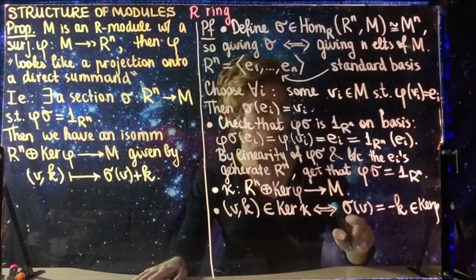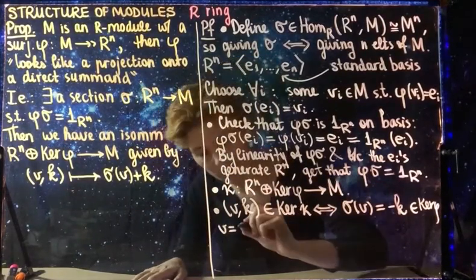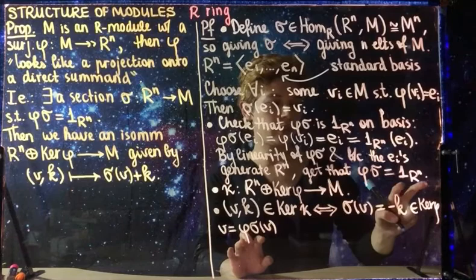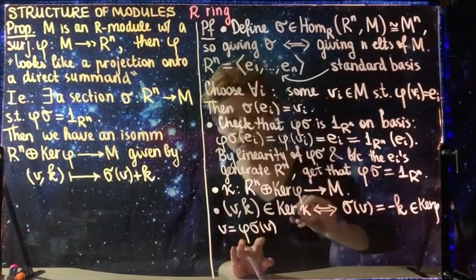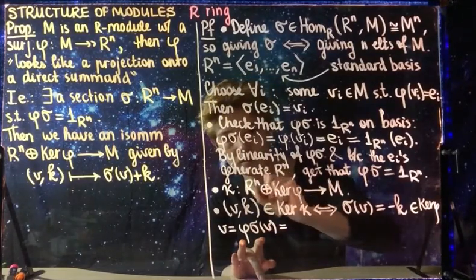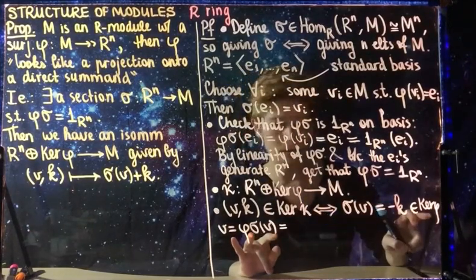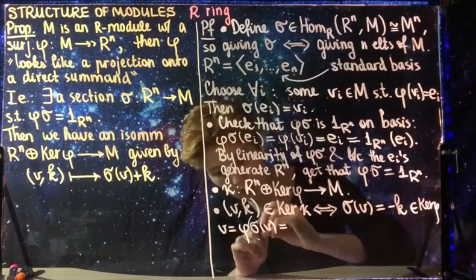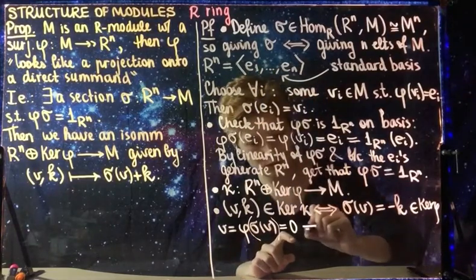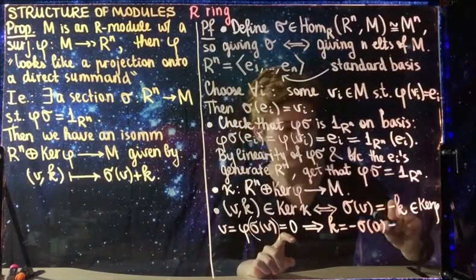Let me prove that v is equal to 0 by first writing v as phi of sigma of v, because phi sigma is the identity on R^n. And v was an element in R^n. But then sigma of v is in the kernel of phi, so phi applied to sigma of v is equal to 0. So v is equal to 0. And therefore k, which is equal to minus sigma of 0, is also equal to 0.